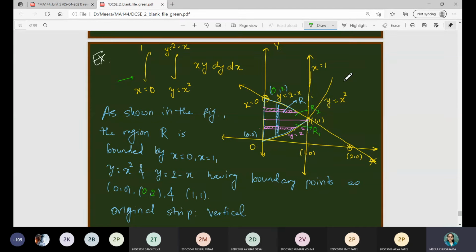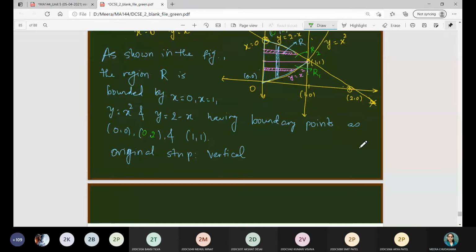Yes, ma'am. Whichever variable has constant limits, you have to take the strip perpendicular to that axis. So here, which variable has the constant limits? x. So where will your original strip come? Perpendicular to the x-axis. Yes or no? Yes, ma'am. So therefore it is the one I have drawn in blue color. That means it is vertical. Is it clear? Yes, ma'am.